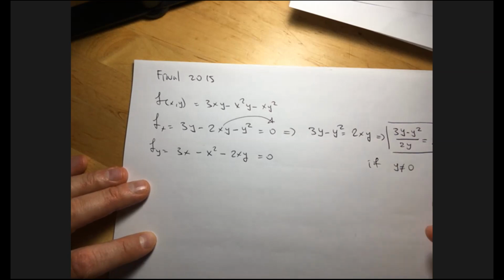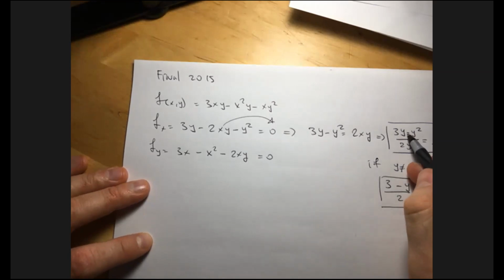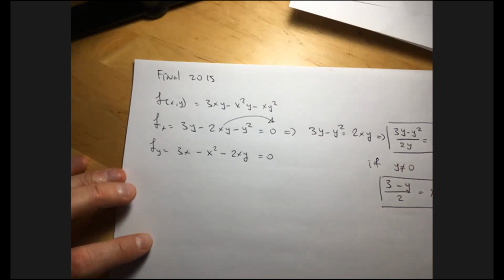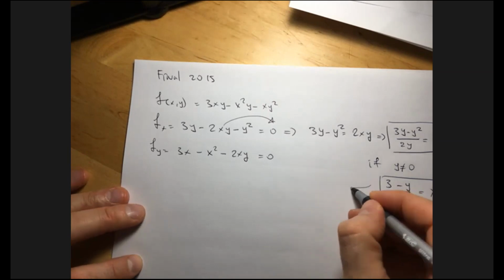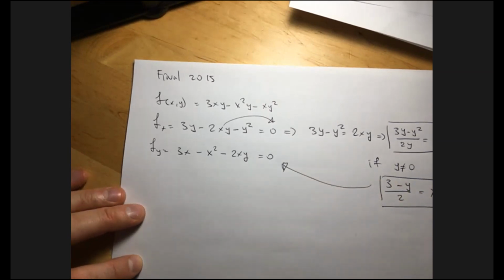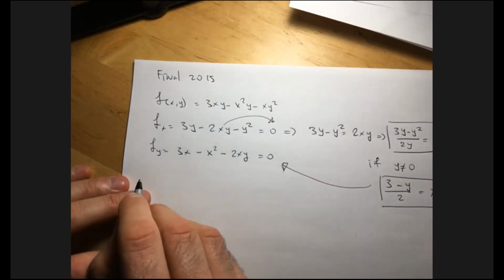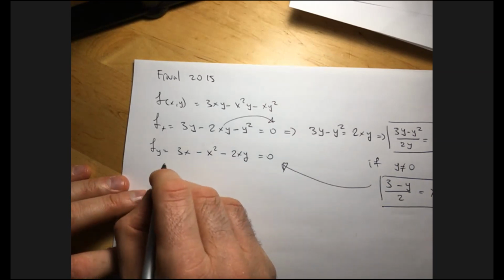If y is different than 0, then x can be simplified to x is equal to (3 minus y) over 2. Because you factor y from here, you get (3 minus y) over 2. Okay, now if you have x, plug it in this equation, and let's solve for y.